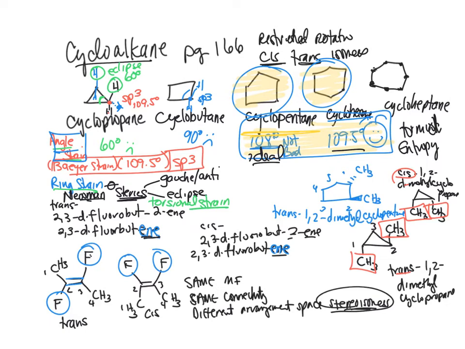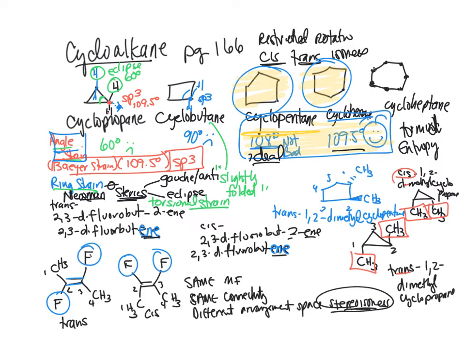Cyclobutane will form a conformation called slightly folded. Okay, so cyclobutane will go to a slightly folded. So these are names. You can say, okay, the cyclobutane is in the slightly folded conformation.